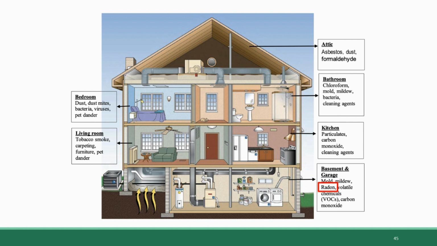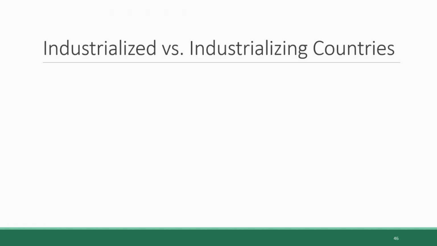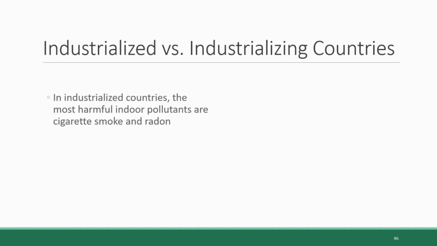It's also important to note that there's a big difference between which sources of indoor air pollution present the greatest threats here in the US and in other industrialized countries versus in less affluent countries that are still industrializing. In industrialized countries like the US, the most acutely harmful indoor pollutants are cigarette smoke and radon.